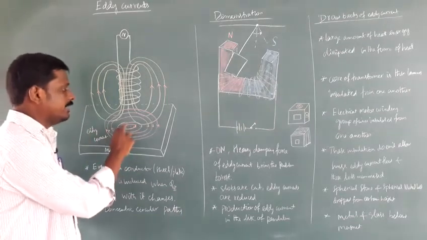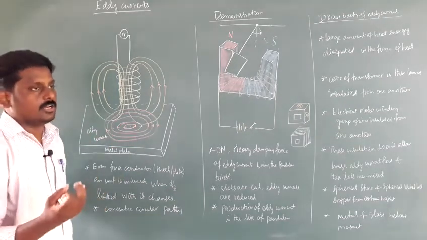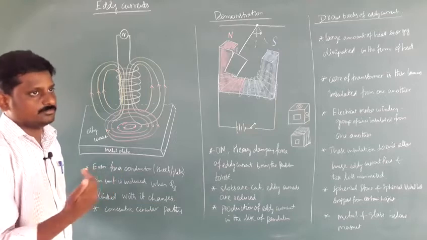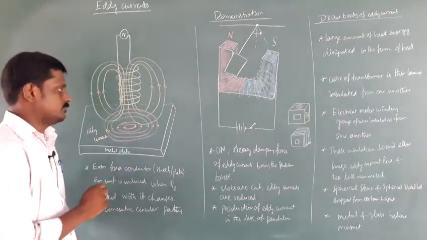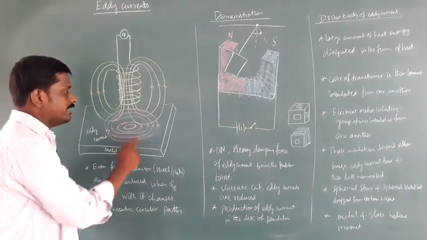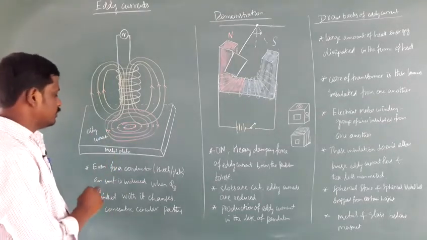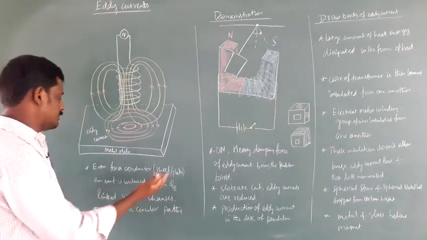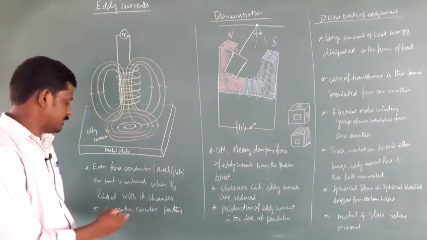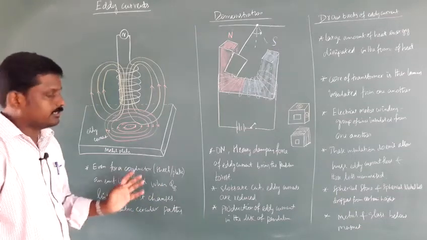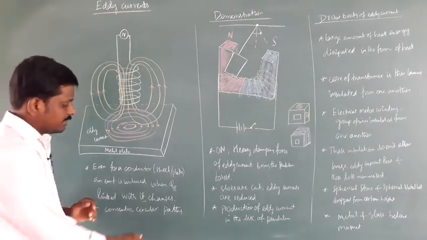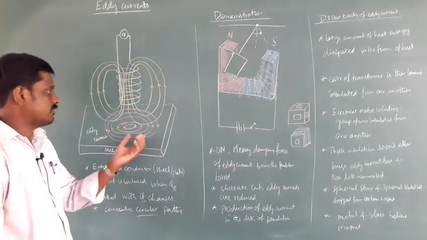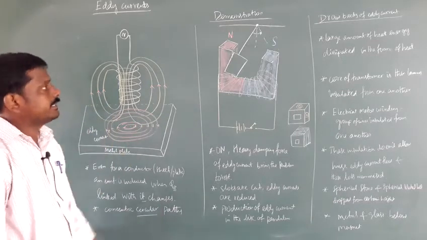So it is called eddy current. Whether the conductor is a sheet or a plate, EMF is induced when the magnetic flux linked with the conductor changes, giving concentric circular paths of current, that is eddy current.